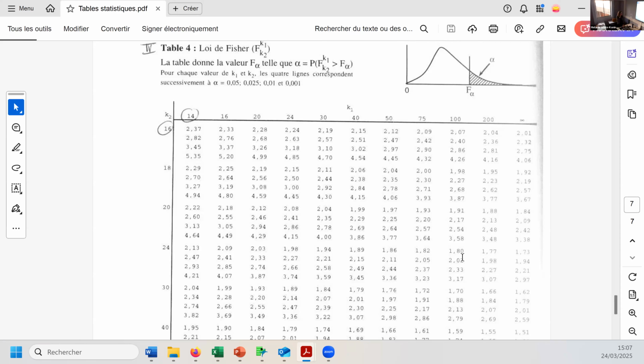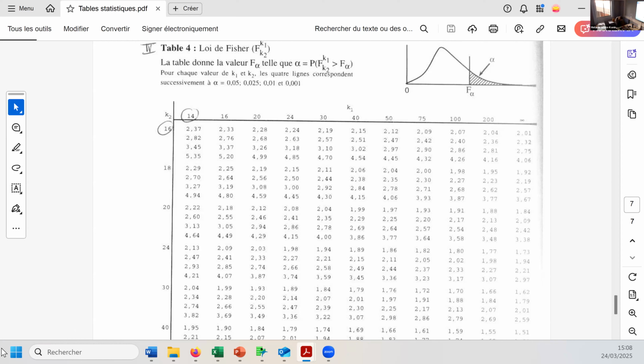And what are the four lines? The first line is 0.05, then 0.025. So alpha equals 5%, 2.5%, 1%, 1. So here we are in the unilateral case, so we're looking at 5%. So it's between 1.8 and 1.7, so about 1.8.